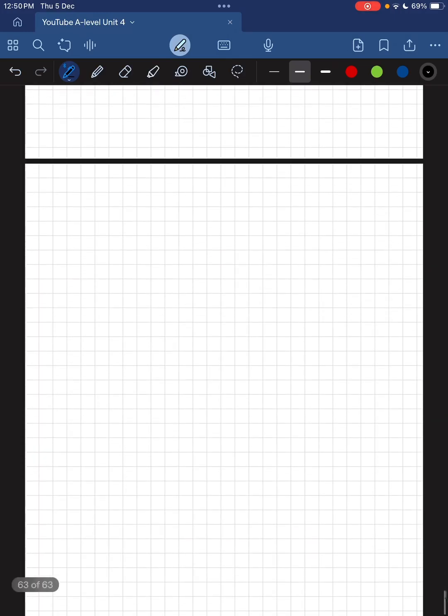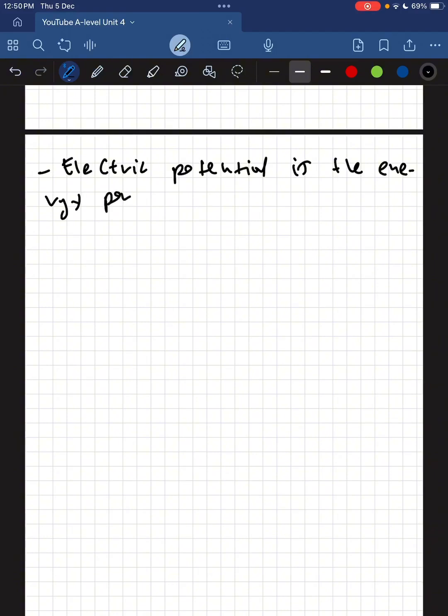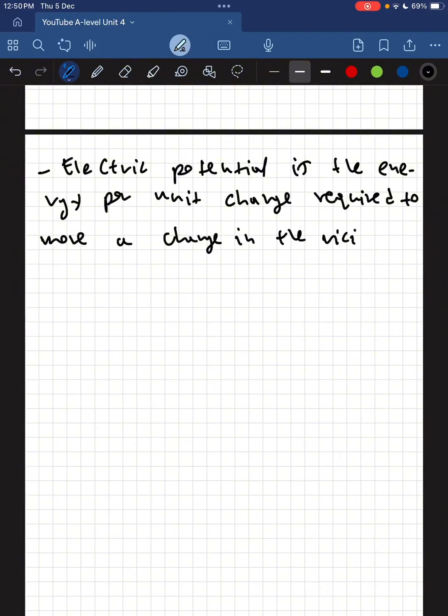So what does this electric potential tell us? Electric potential is the energy per unit charge required to move a charge in the vicinity of an electric field.